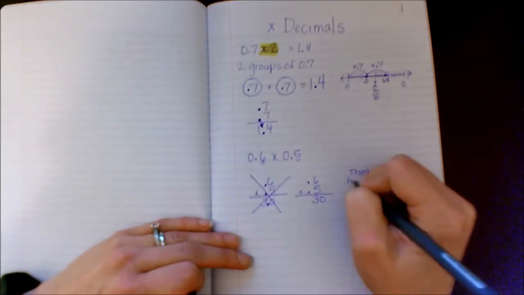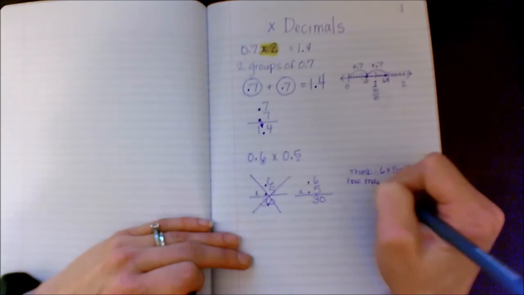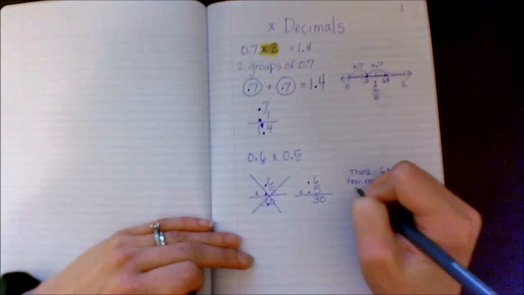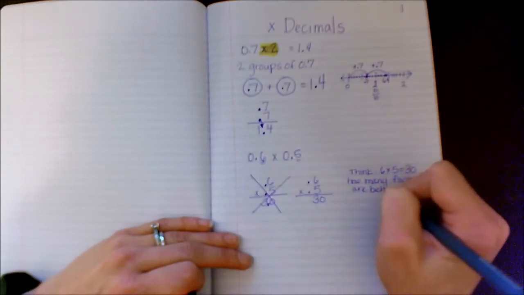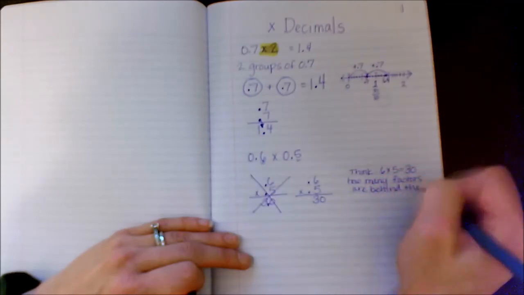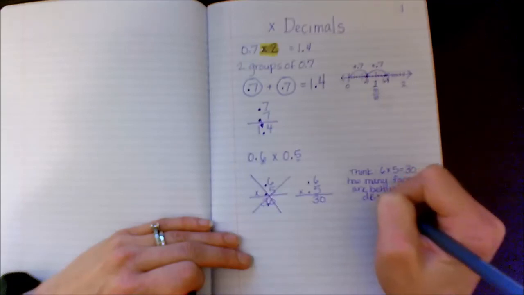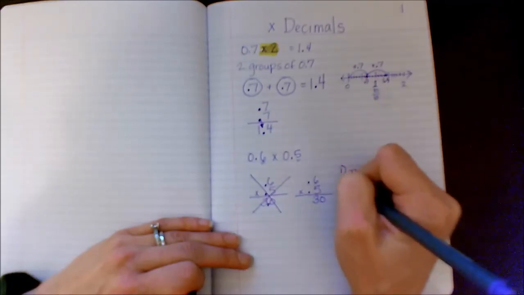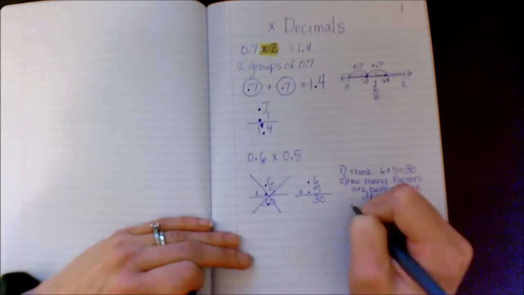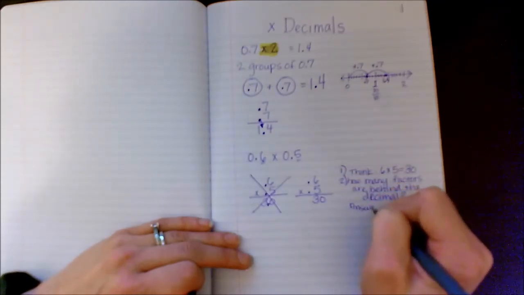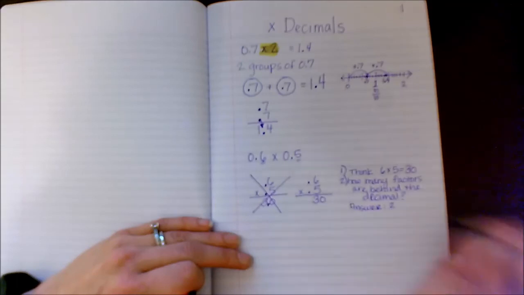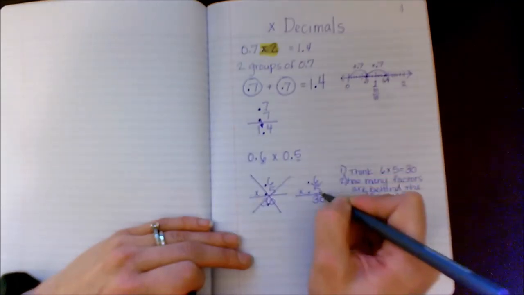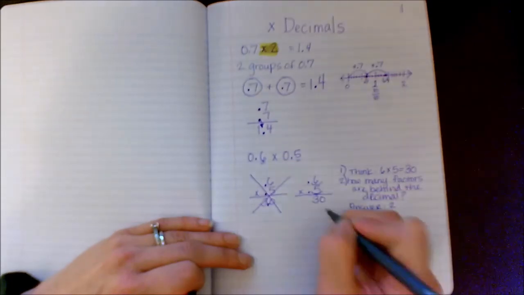And then how many numbers, factors, are behind the decimal? And the answer is 2, right? 1, 2.